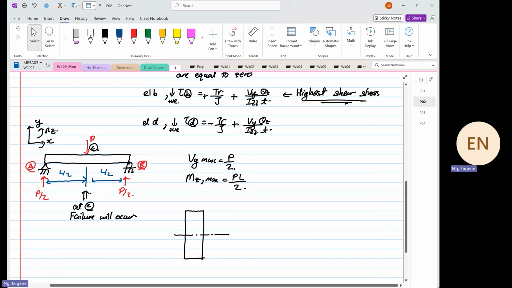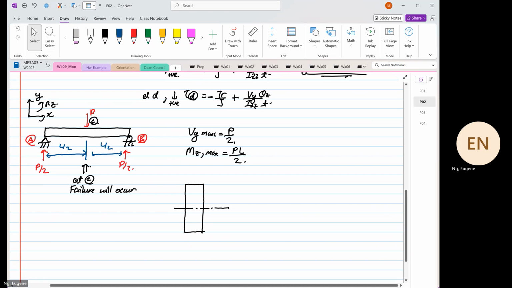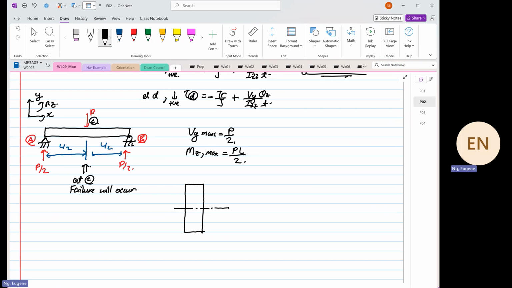The first thing that we know, if we were to apply a formula, is that our normal stress sigma X is equal to Mz over Izz multiplied by y.